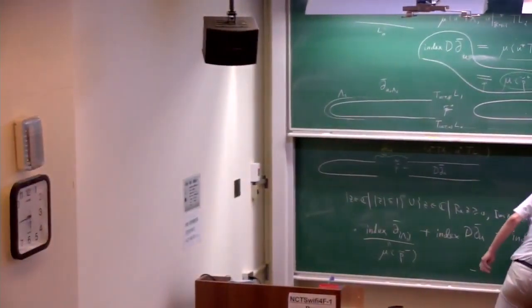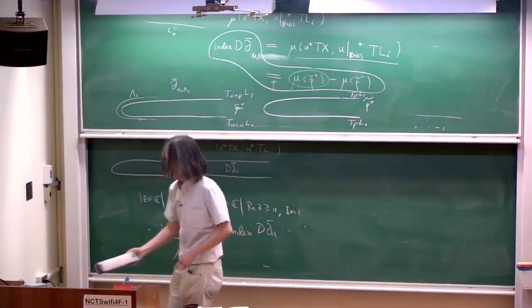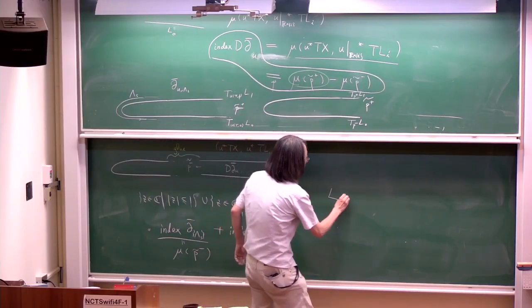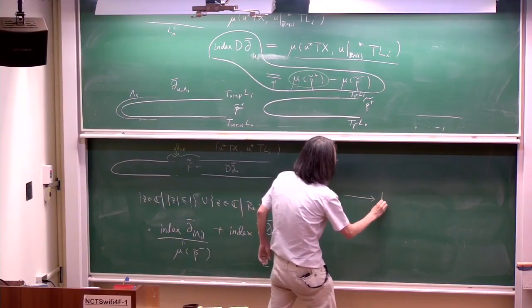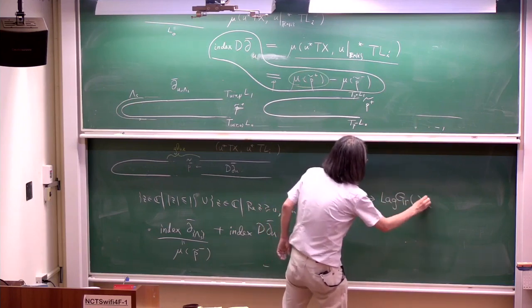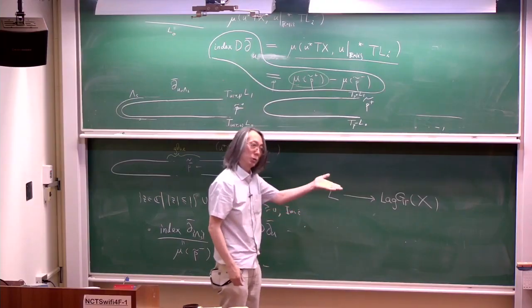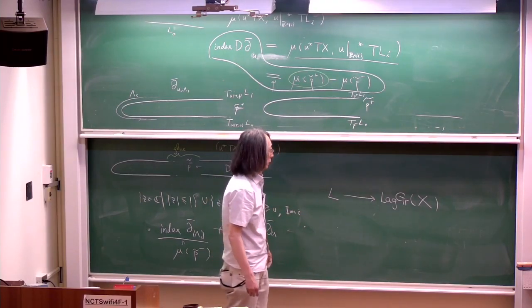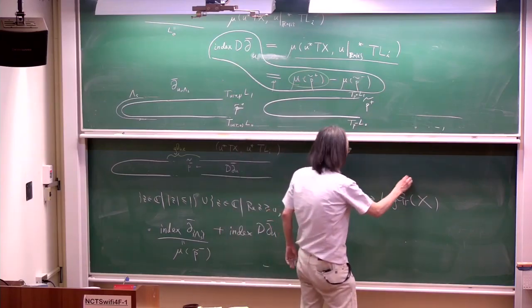Maybe I misunderstand your point, but you have L here, and then you can just map it to the Lagrangian Grassmannian of this X, just a union of fibers. Then you want to have this thing, right?